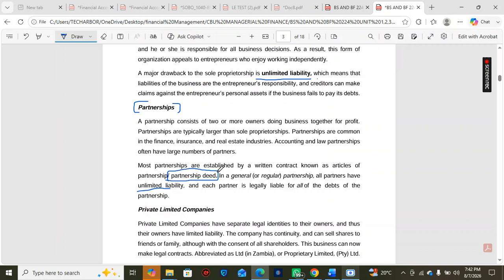So basically, think of this as the constitution of the partnership. It is very important because without this partnership deed, there's a lot of room for assumptions, and this brings conflicts.